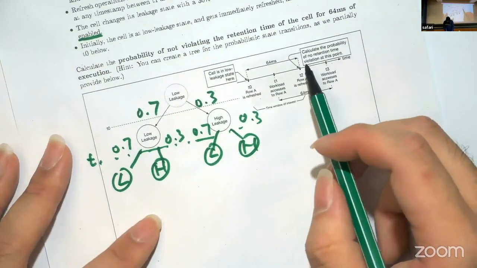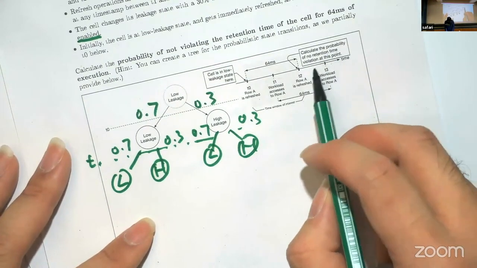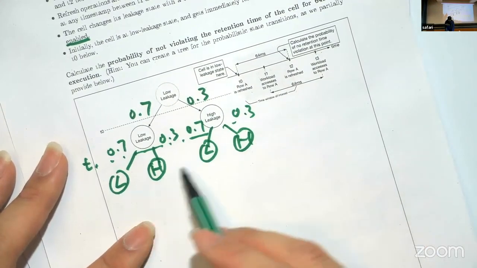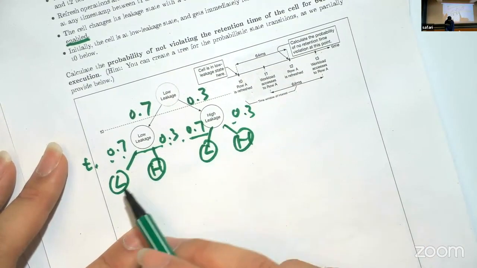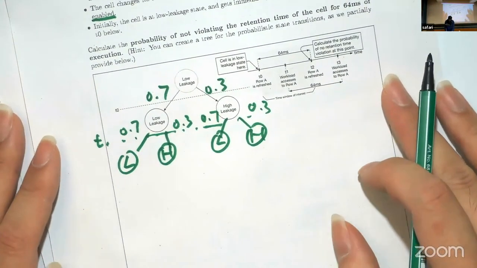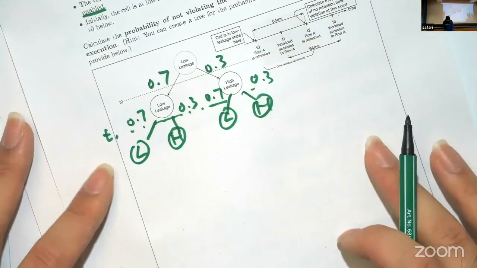Because the question is asking for the probability of no retention time violation at T2, we just have to evaluate the chance of each of these 4 cases and see which of these correspond to no retention failure, and then we get the answer.